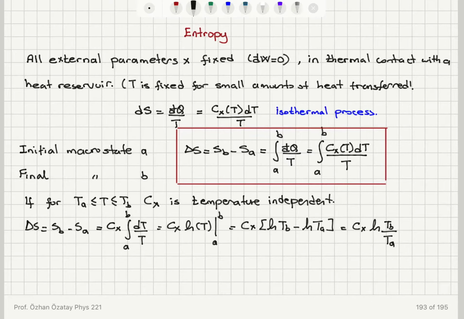So you will see that if I were to look at the limit where the temperature of macrostate A goes to 0, that means I'm looking at the entropy of the system in the limit temperature goes to 0. And from the third law of thermodynamics, this entropy is 0 or a small finite value S0 that is given by the third law of thermodynamics.